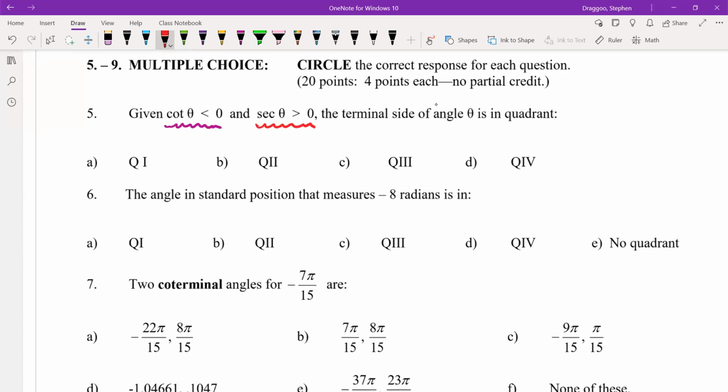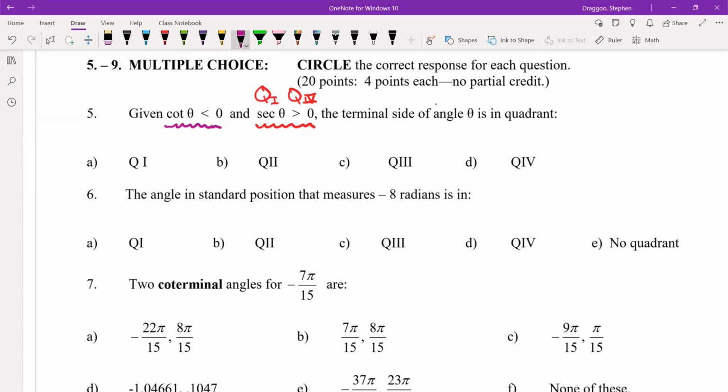Let's take a look at these two things. Secant follows cosine, because it's just 1 over cosine. So this thing is positive in quadrant 1 and quadrant 4. If I look back at the cotangent value, it's negative. Cotangent will be following tangent.